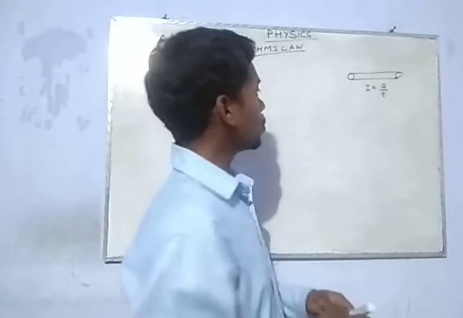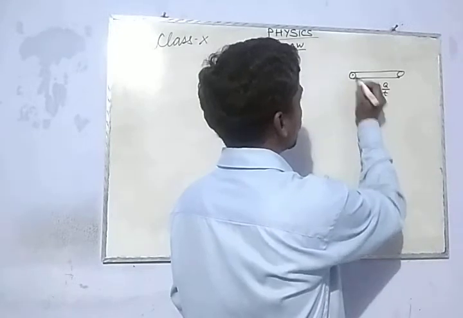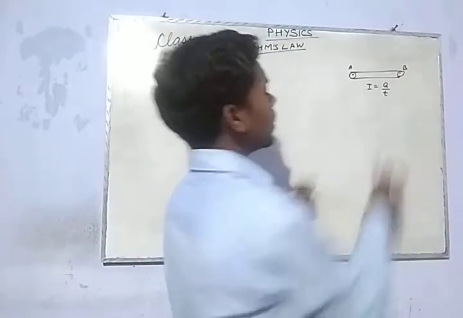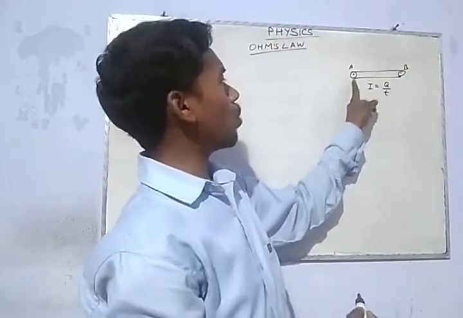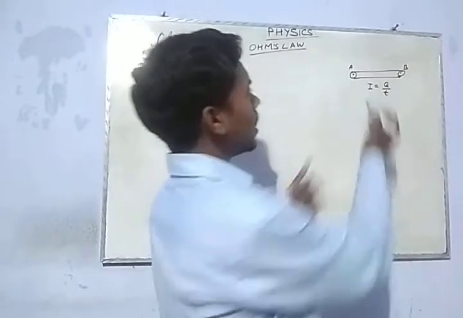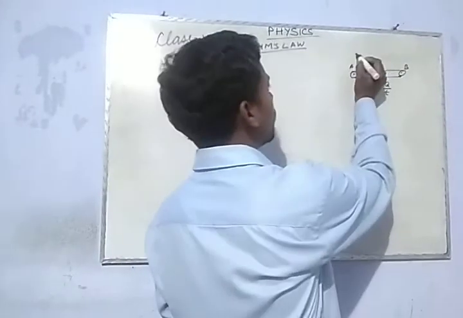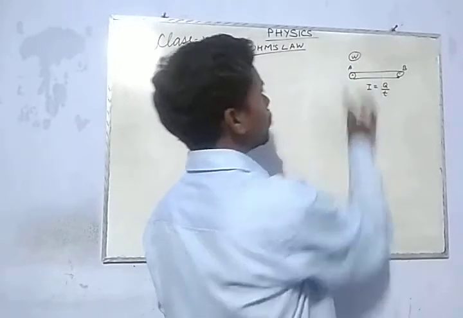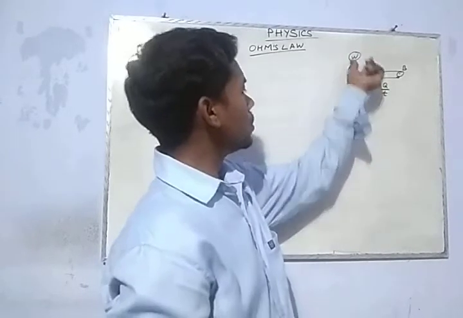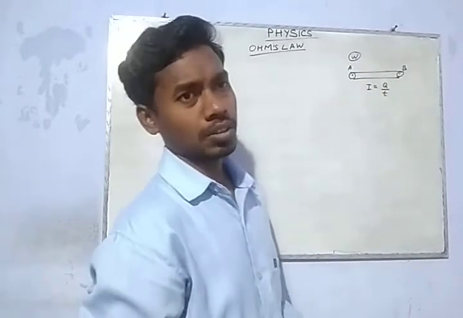Yes, so if electrons are to move from this point A to this point B, or the charges are to move from A to B, some amount of work needed to be done. Yes? So this work was called your electric potential.